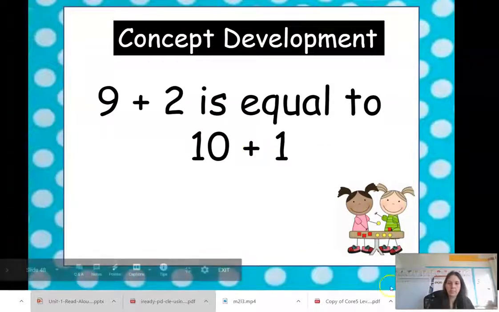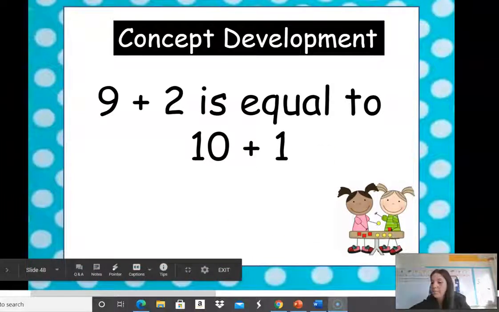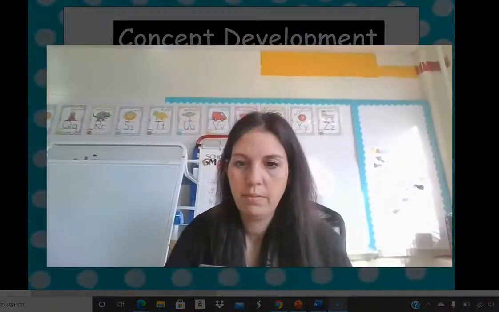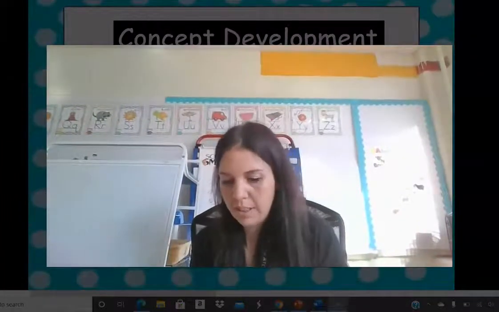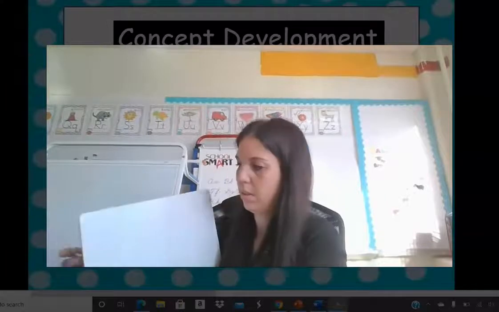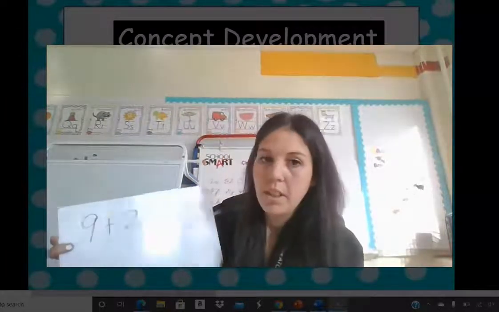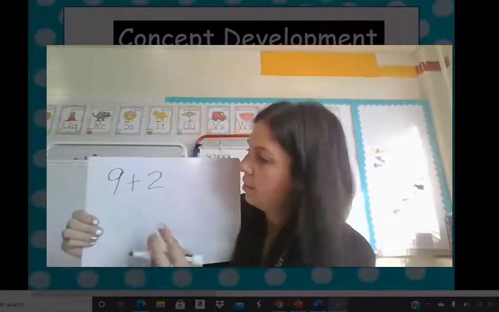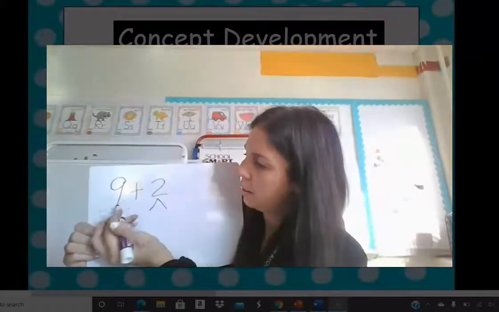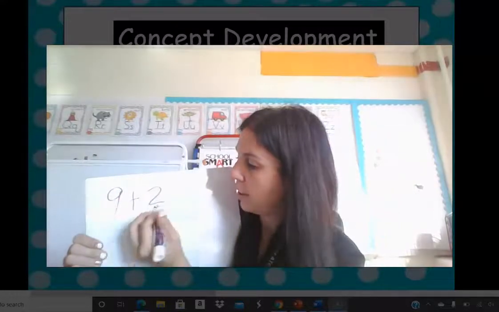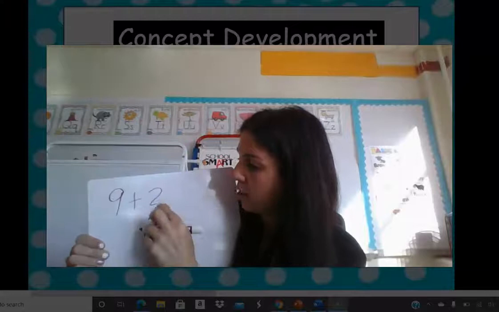Let me show you on my board. 9 plus 2, and remember that for 9 to get to 10, we only need one more. So we can do a 1 and then another 1 to get 2.